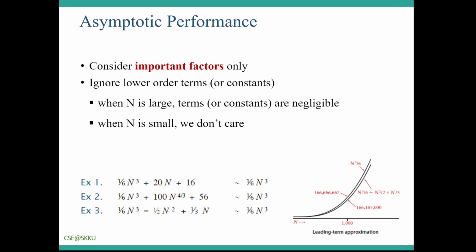In this case, if we divide both sides by n squared, we get 2 is less than or equal to c times n. And this is true when we set c equal to 1 and n0 equal to 2. Okay, so we know that 2n squared is in big O of n cubed.